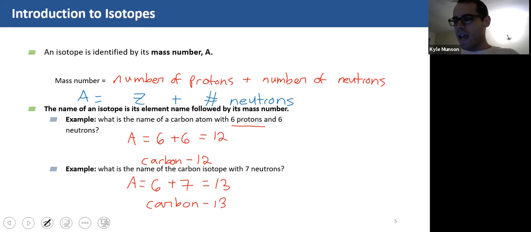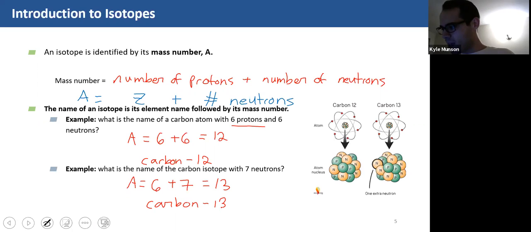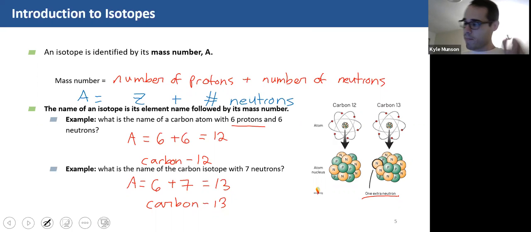That's how you're going to name isotopes. You take its mass number and put it on the end of the name of the element. Easy. Here's your example of those two. This is carbon-12, and if I added one extra neutron, giving it 7 neutrons, this would be a carbon-13 atom.